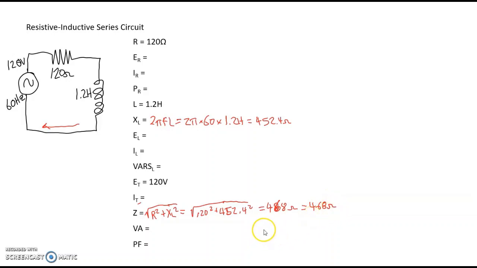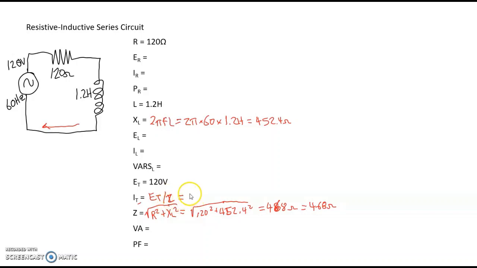So now we have the total impedance of the circuit, and that allows us to calculate the total current flowing through the circuit, and that's Ohm's law, where we're substituting impedance for resistance.